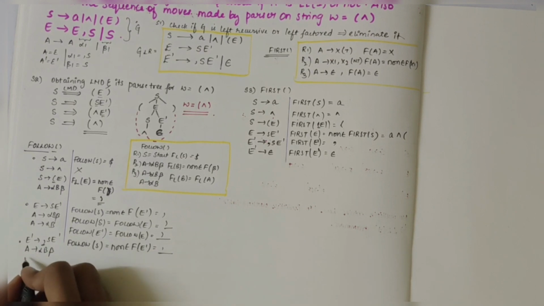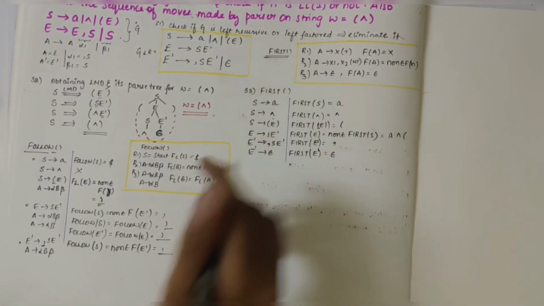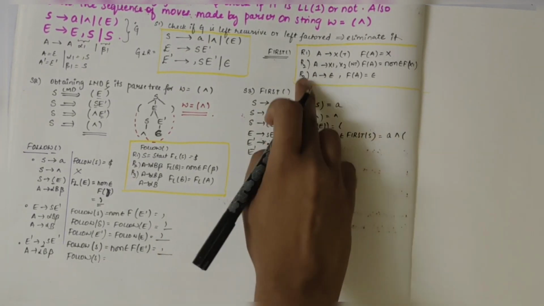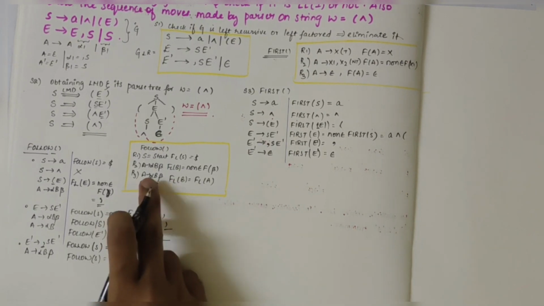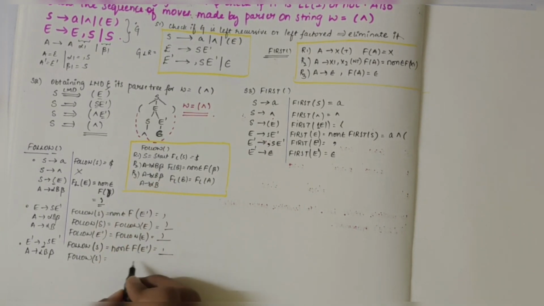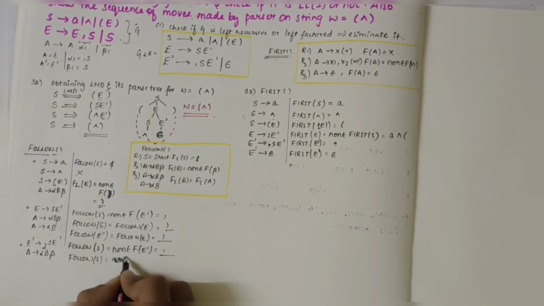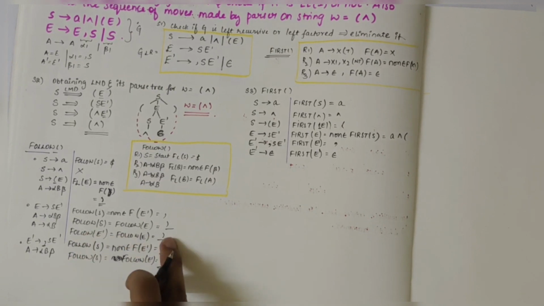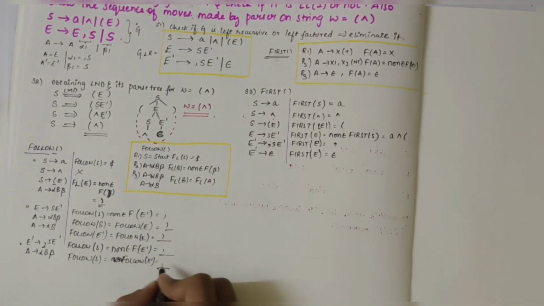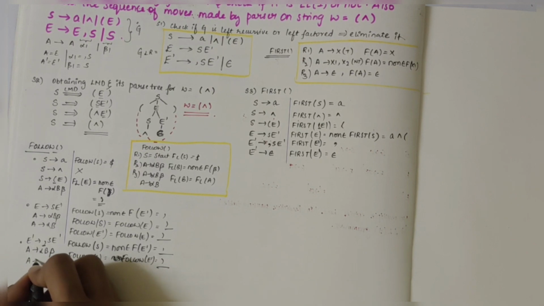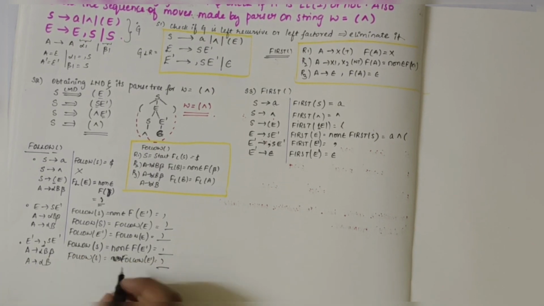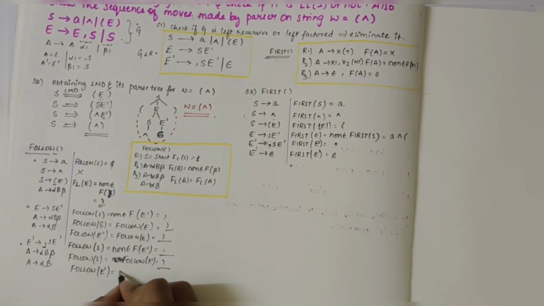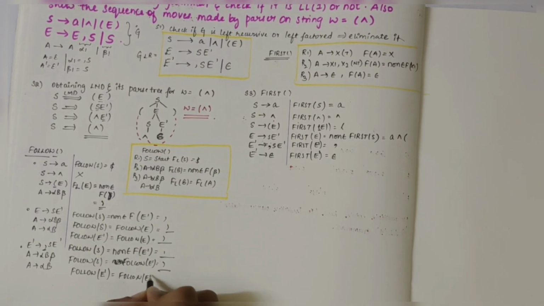Then comparing this with the third equation, follow of S includes follow of E dash. Follow of E dash we have open bracket. So for S also it will be the same, open bracket only. Comparing this with the equation 3b, that is alpha B, you get follow of E dash, which is equal to follow of E dash only.